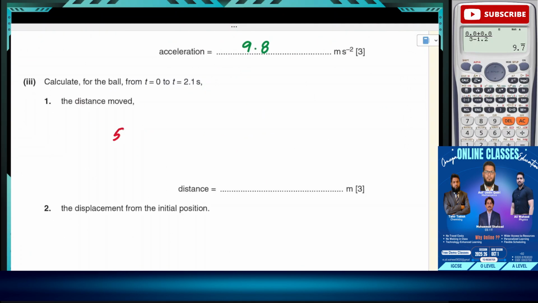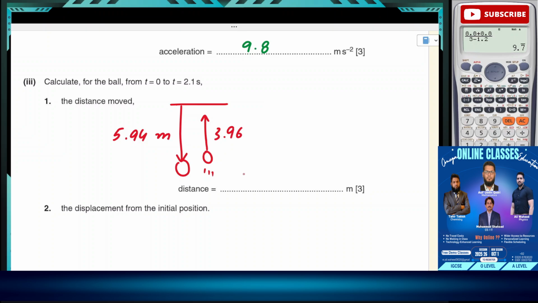Total distance would be 5.94, which was the distance as the ball goes downward. It covers the distance of 5.94 meters, and after the rebound the ball goes up and covers the distance of 3.96.